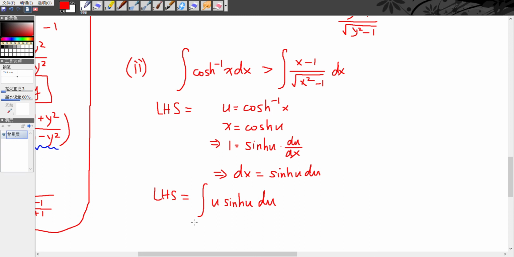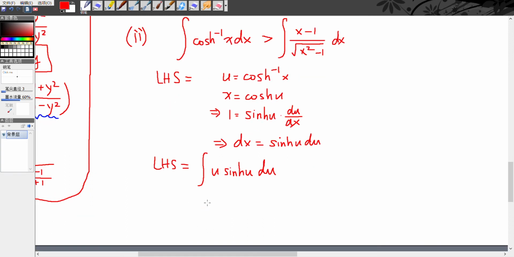And this is actually very easy to integrate. We can just apply integration by parts on this integral. So integration by parts: u1 dash is equal to sinh u, v is equal to u, and u1 is equal to cosh u, v dash is equal to 1.